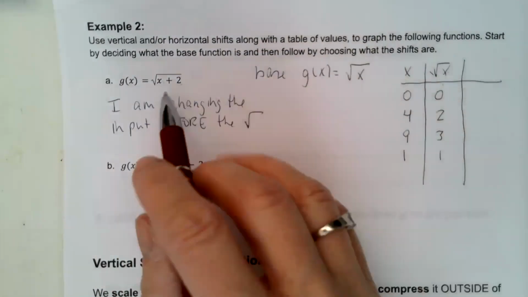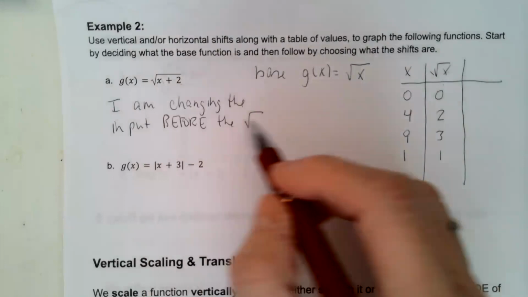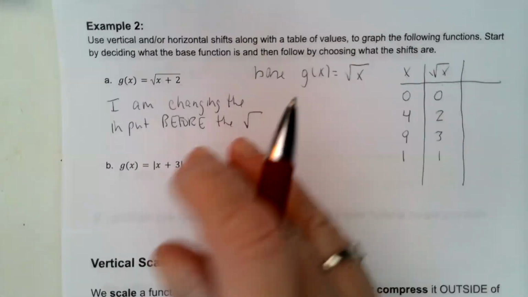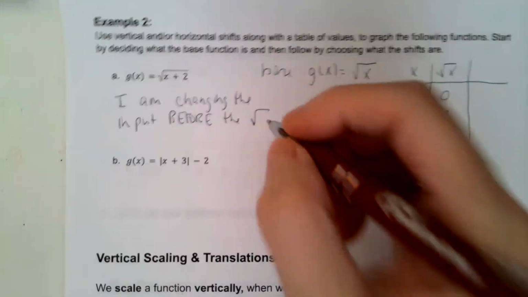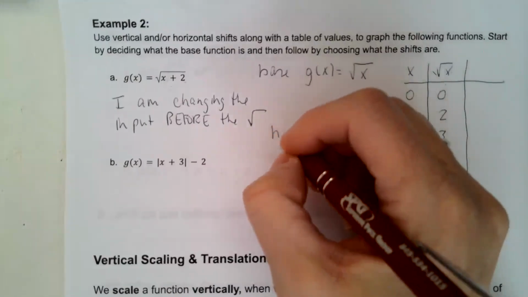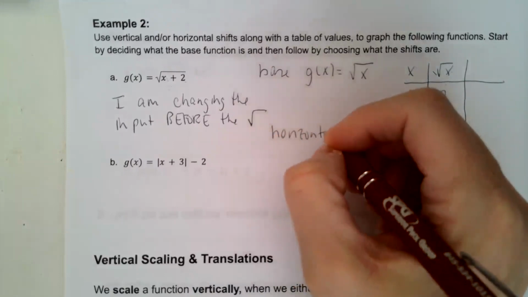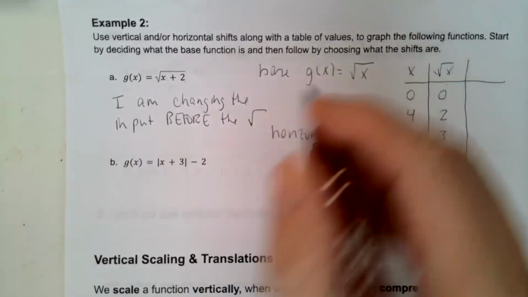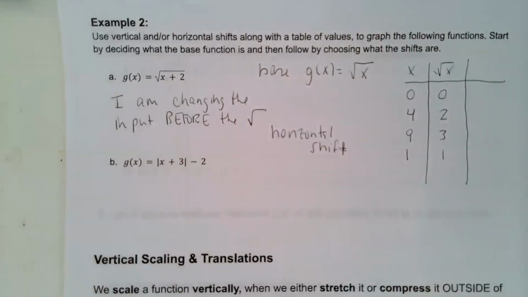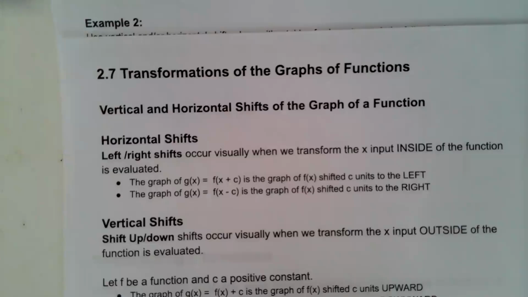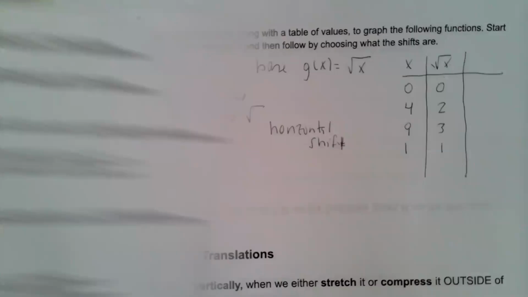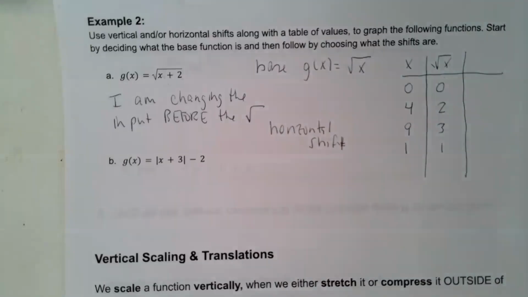That means I'm changing everything left and right, so this is going to be a horizontal shift. And because I'm adding, you can see here that you're shifting the graph to the left. So it's a horizontal shift left.